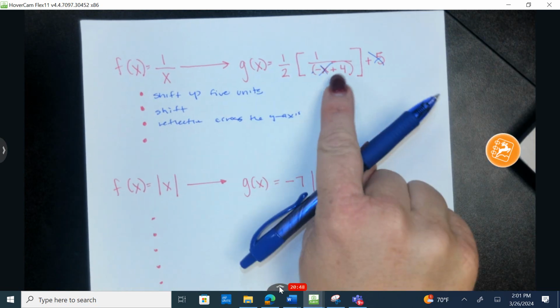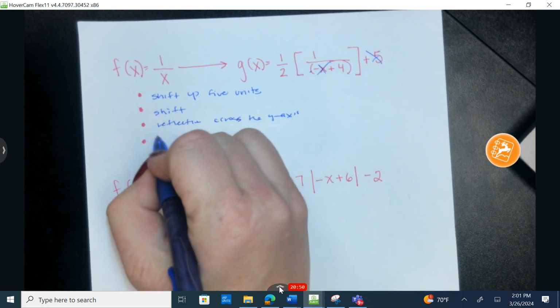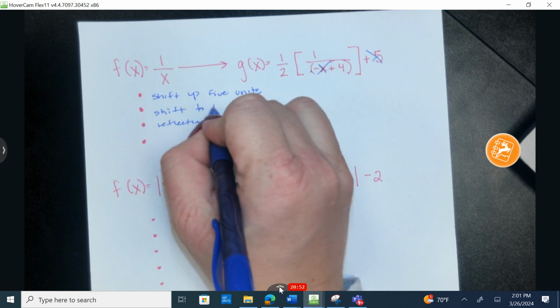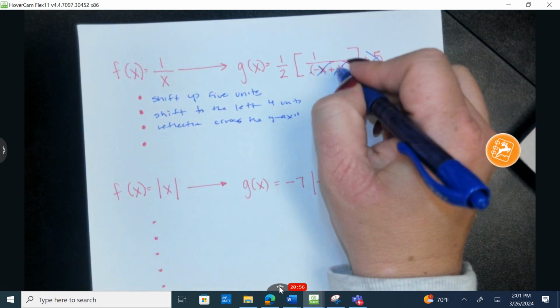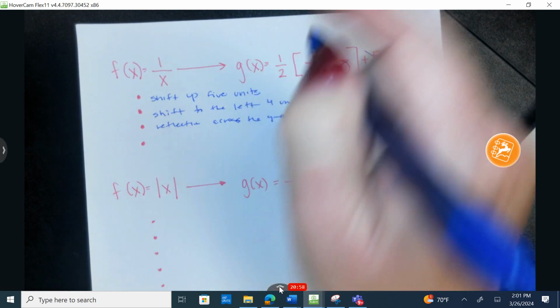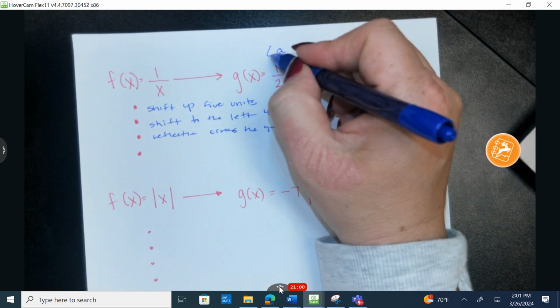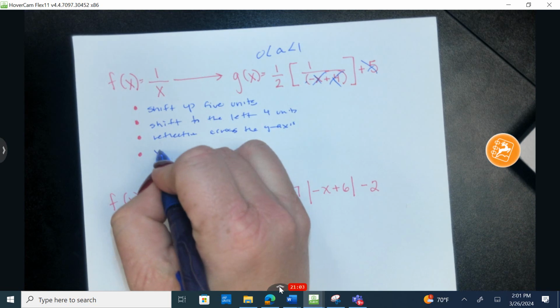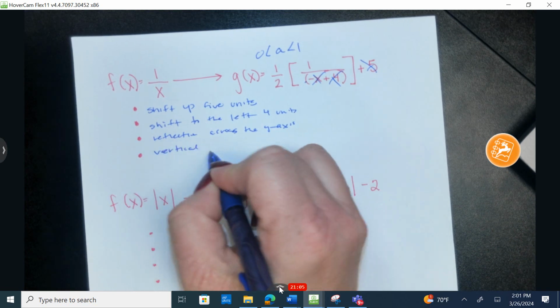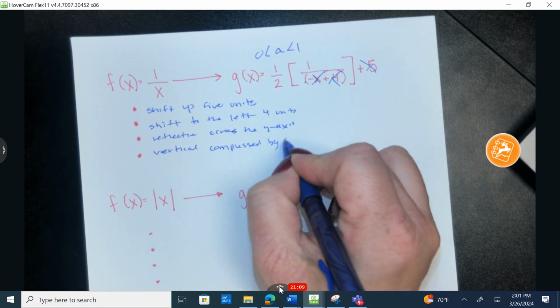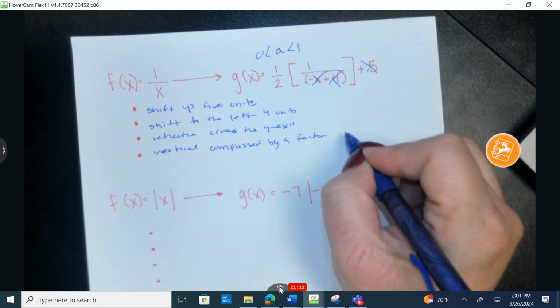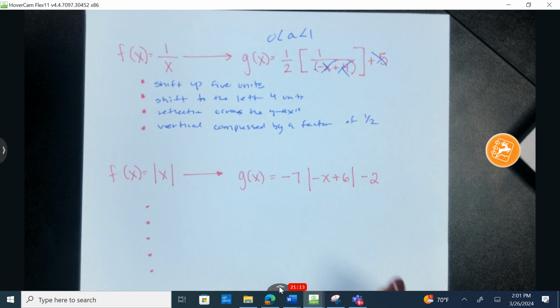Taking care of that. Plus 4 doesn't mean move to the right 4. It's going to be a shift to the left 4 units. And lastly, we have a number up front. Remember, when this a value is greater than 0 and less than 1, it's going to be vertically compressed by a factor of 1/2.